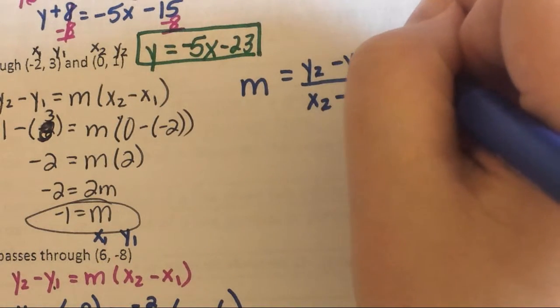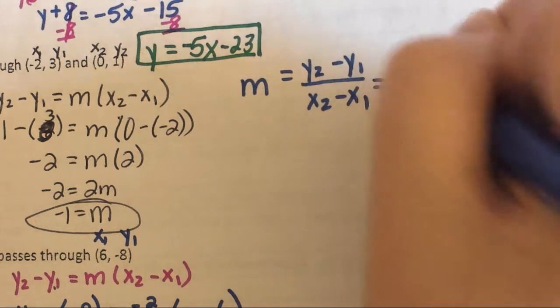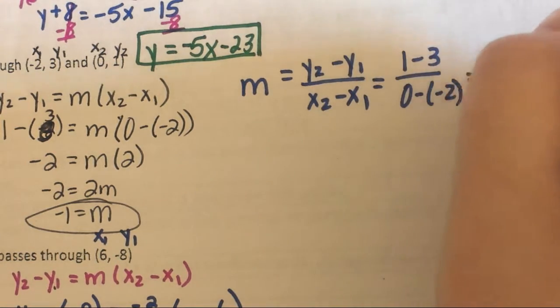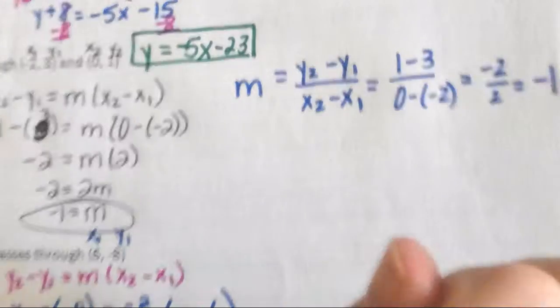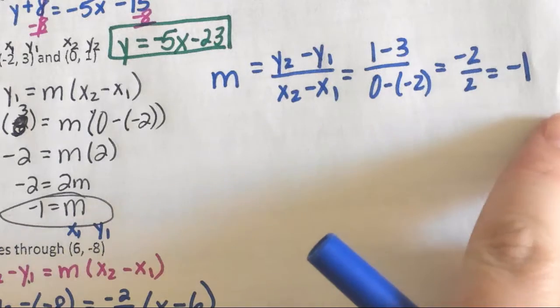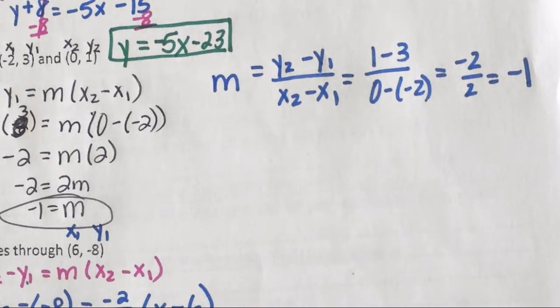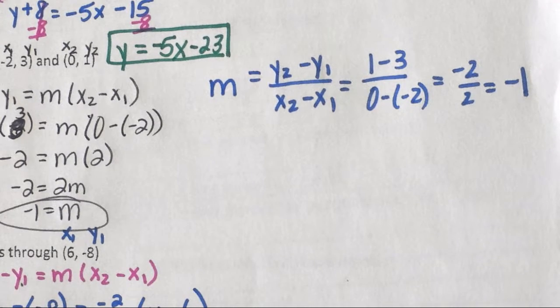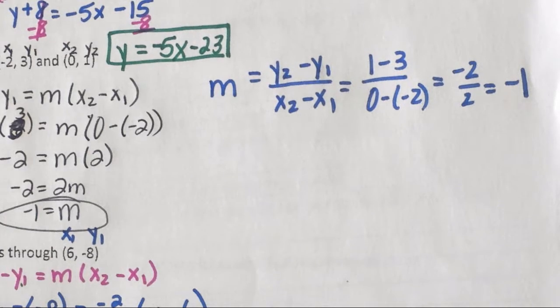When you do y2 minus y1 over x2 minus x1, you still end up with negative 1. We end up with the same slope either way. So if Travis likes point slope and he wants to point slope it out, he can. But he didn't have to. So Miss Compton was extra for no reason, basically.